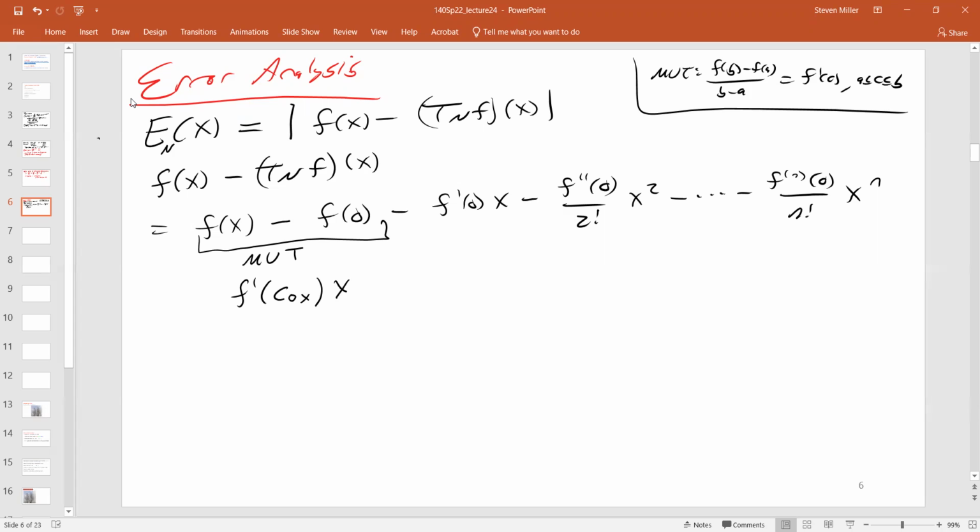So c_{0,x} lives somewhere between 0 and x. Minus f prime of 0 x, minus f double prime of 0 over 2 factorial x squared, minus the nth derivative at 0 over n factorial x to the n.